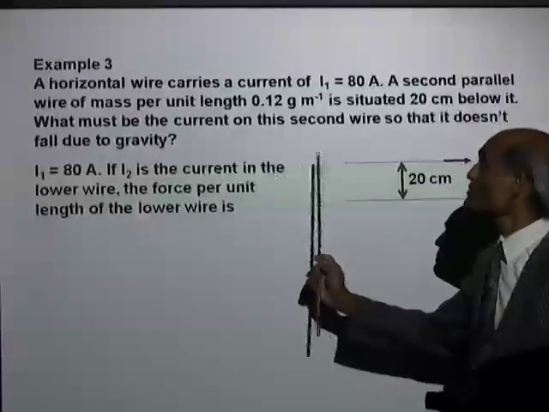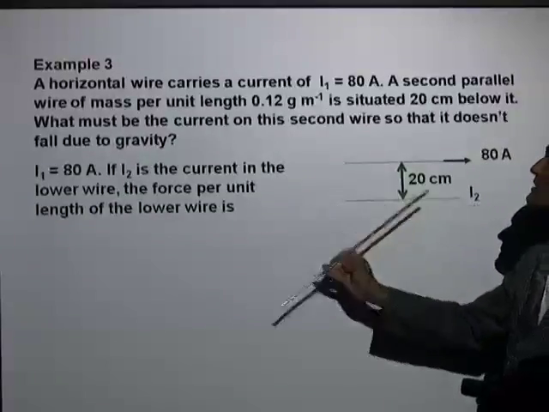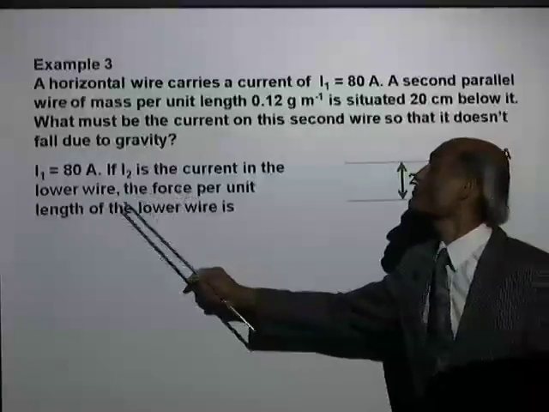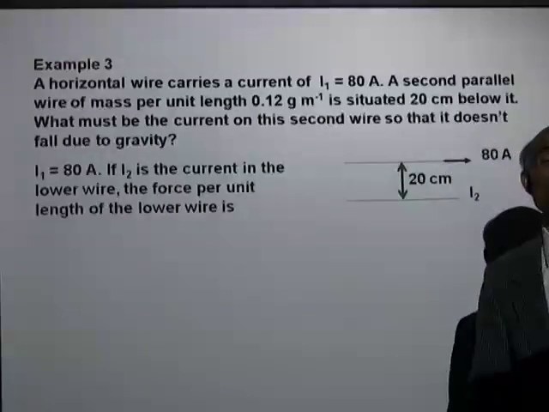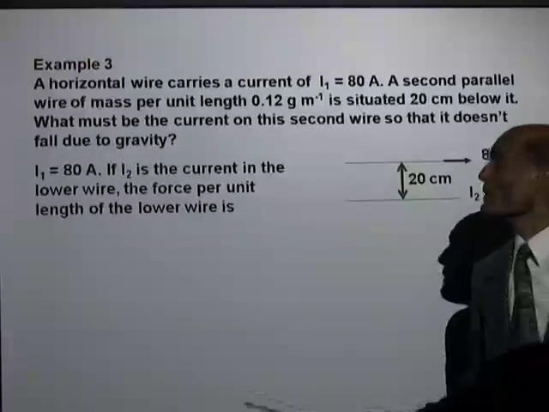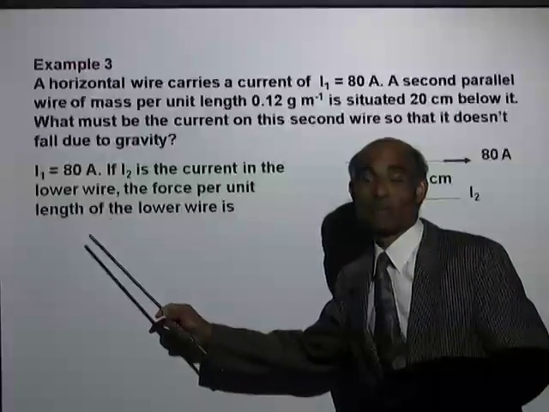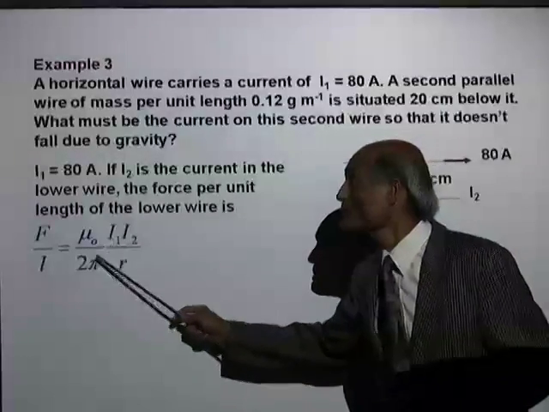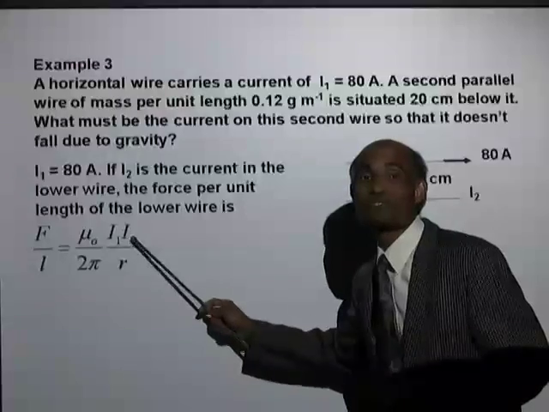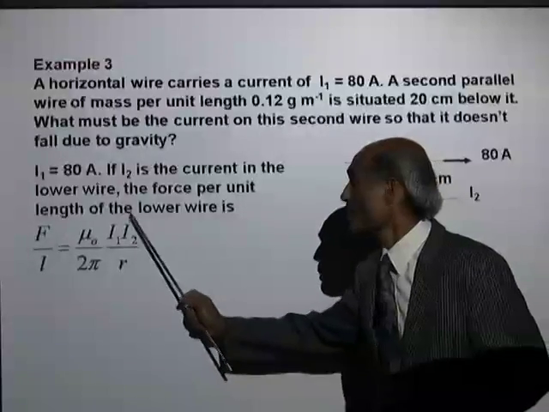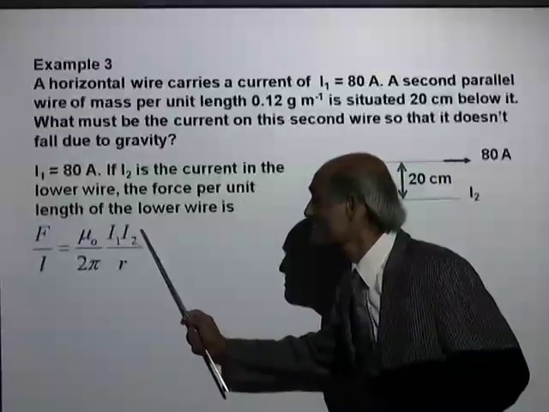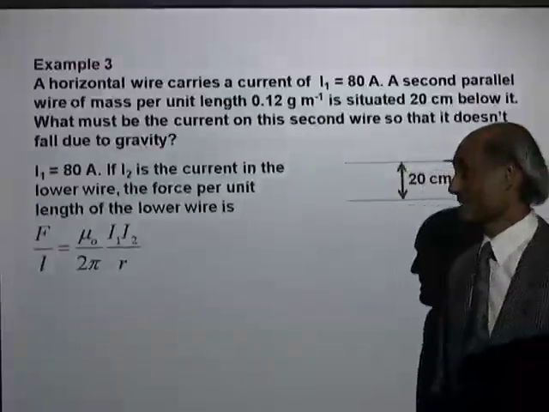If I2 is the current in the lower wire, then what is the force per unit length on the lower wire? What's the equation for force per unit length? It's mu 0 over 2 pi I1 I2 over r. We got all these values except I2, is that right?